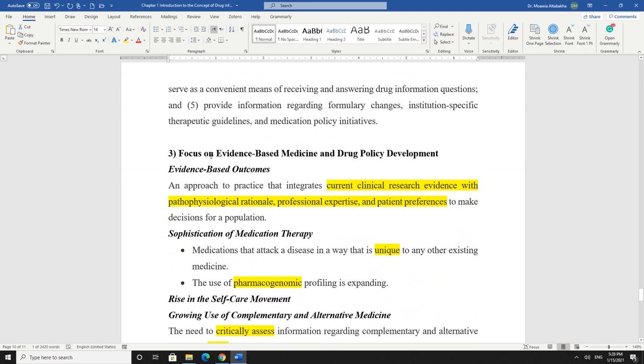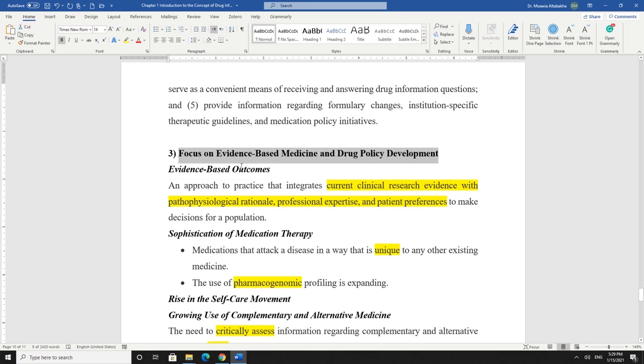Another thing that influenced the role of the pharmacist as a drug information provider is that there is now a focus on evidence based medicine and drug policy development.